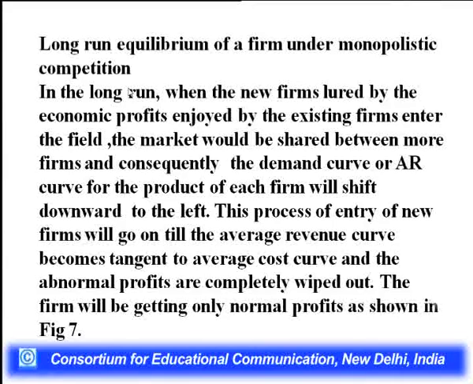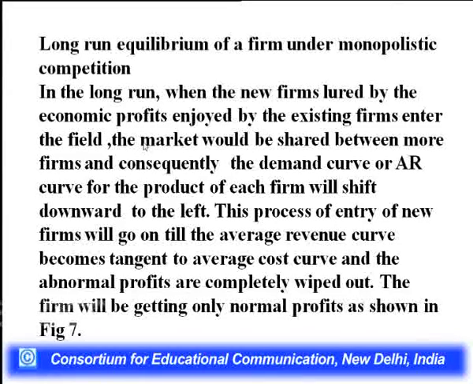Now we will see what happens to the equilibrium of a firm under monopolistic competition in the long run. In the short run, no new firms enter, but in the long run new firms can enter. So if there are supernormal profits enjoyed by the existing firms, then new firms enter the field.